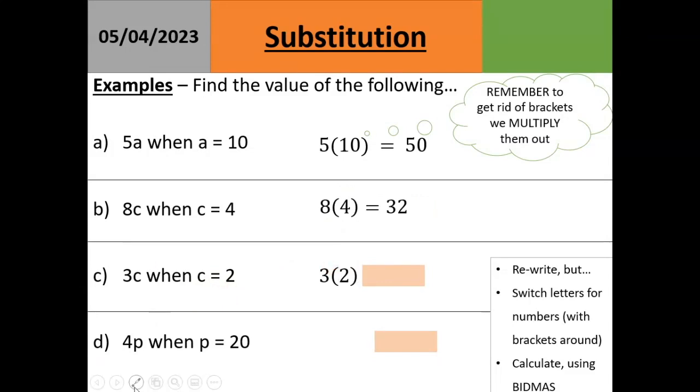So 3 times 2 gives me a 6. And then if we do 4p, when p equals 20, 4 times 20, plug that into our calculator, and we get 80. So we rewrite it, switch letters with numbers, and calculate using BEDMAS. They use BEDMAS sometimes, depending on what kind of book you're using. I prefer BEDMAS.